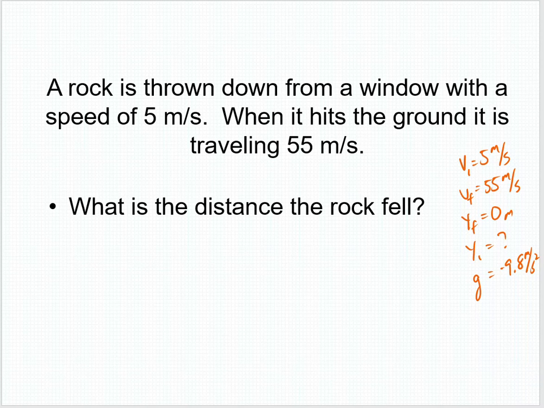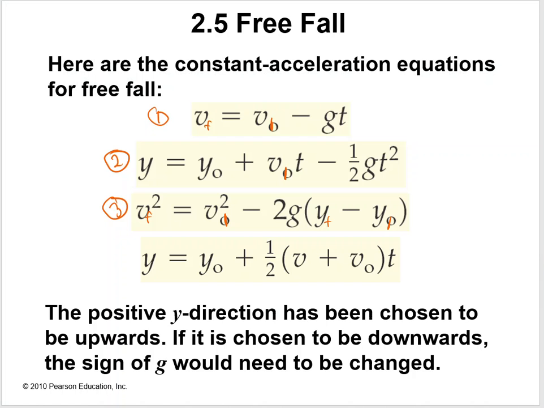Again here, let's go through our equations. They want me to find Yi. Well, the first equation doesn't have Yi in it. The second equation does have Yi. I know Yf is 0.